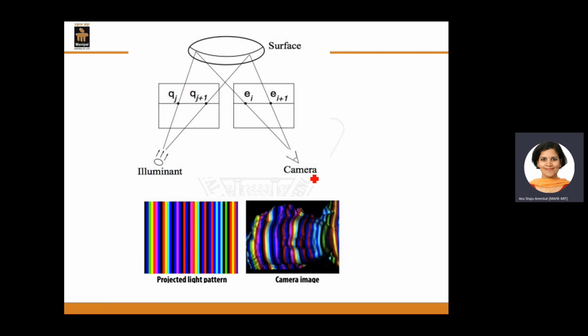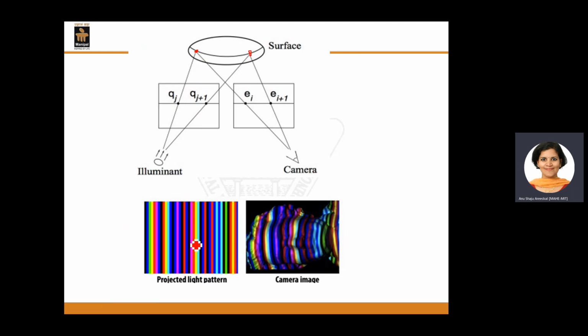Here, as I said, you have the camera, you have the illuminant, and these are the points corresponding to the 3D points on these planes over here. Let's say you're considering a point over here, and you're considering another point over here. Now, what we are trying to do is find the location of these two, or the set of points, on the surface.